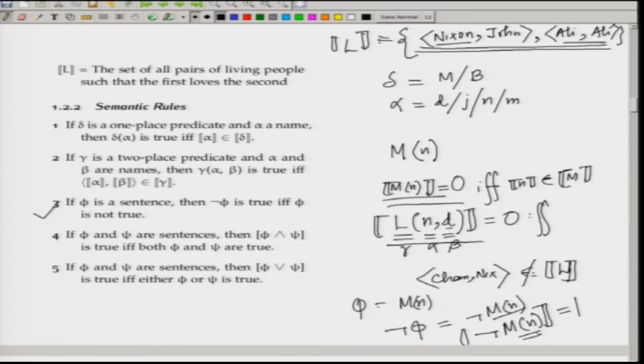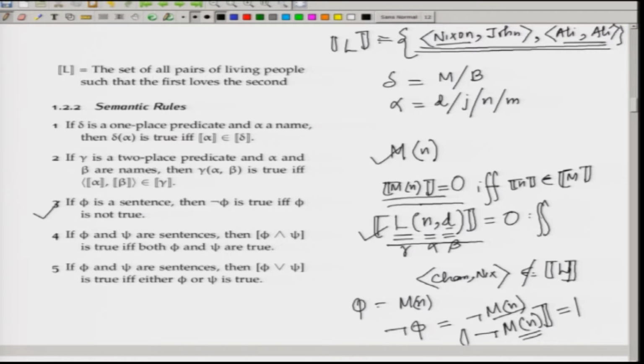And if we take both sentences, that is M N and L N D, both are zeros. In that case, rule 4 says that if phi and psi are sentences, then phi and psi is true if both phi and psi are true. That is not the case, because they are both false.